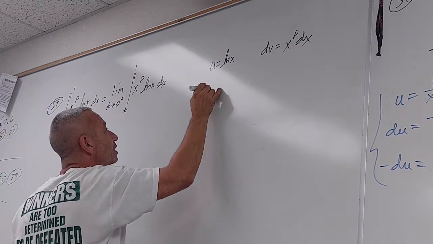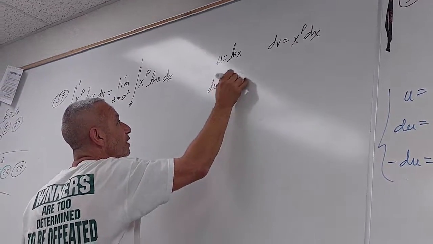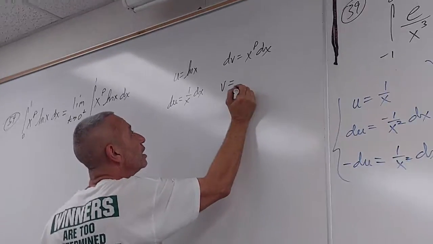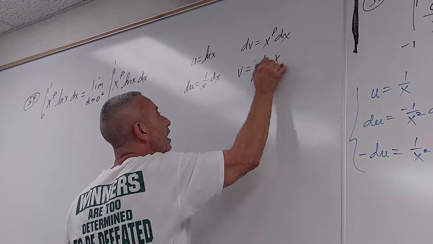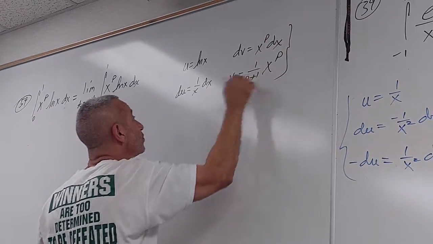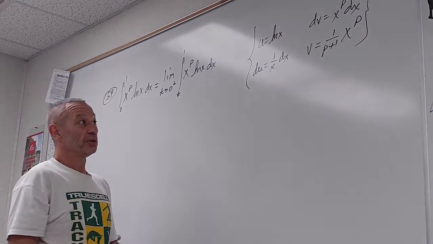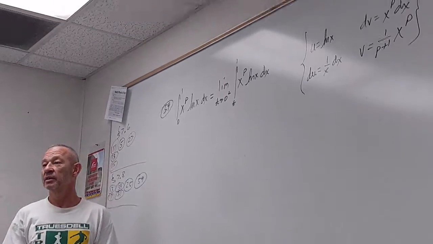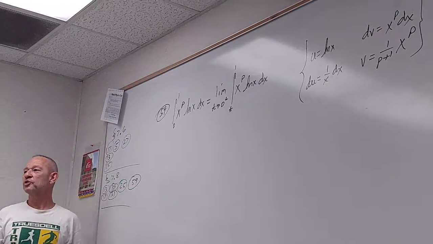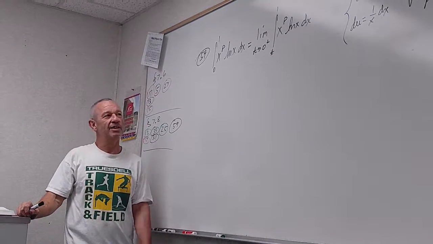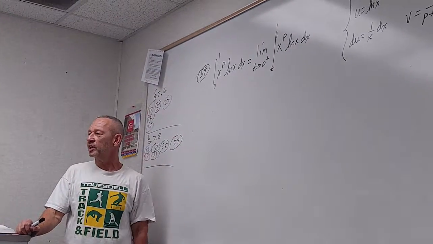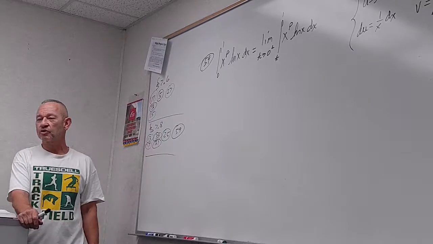So du is 1 over x dx, and v is 1 over p plus 1 x to the p. I think we've just discovered a value of p that will not work. Yeah, well, if this actually turns out to be an integral that does us any good. I can't write that yet, because who knows, maybe this didn't work, and I'll have to go back and try something else.